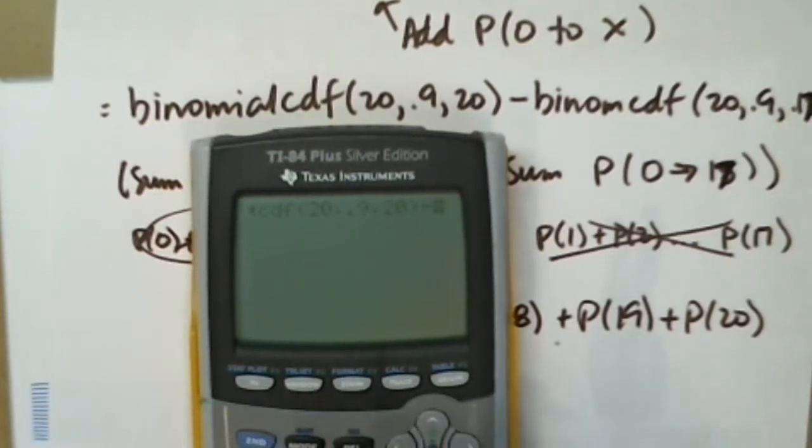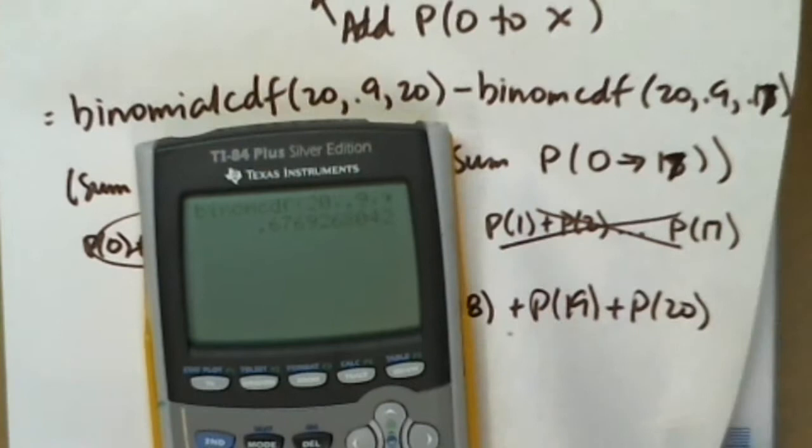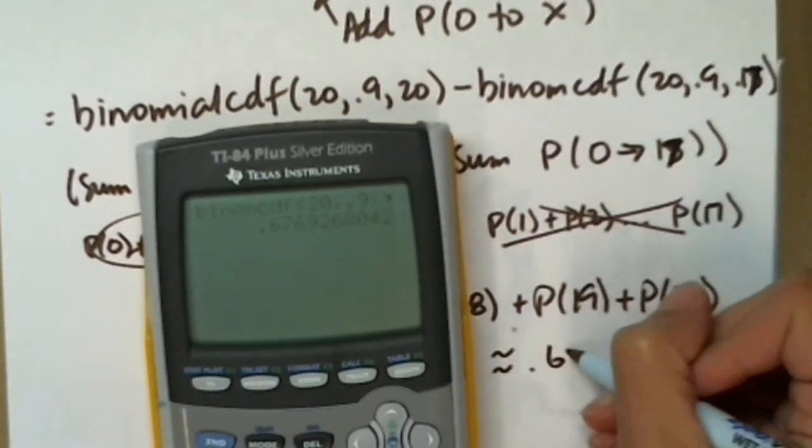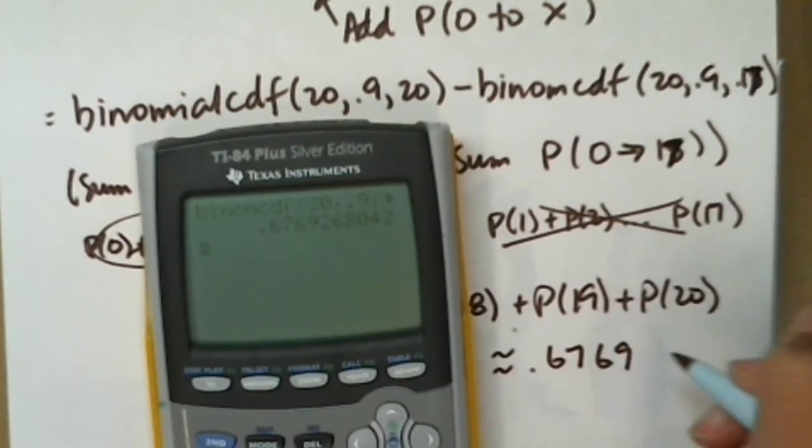So I'm going to go second, distribution, CDF, cumulative, 20, 0.9, but I want to just subtract the ones up to 17, so I'm leaving 18, 19, and 20. Paste, enter. Yay, look, I got the same exact answer that I got before with a much quicker method, 0.6769, or 67.7% roughly.